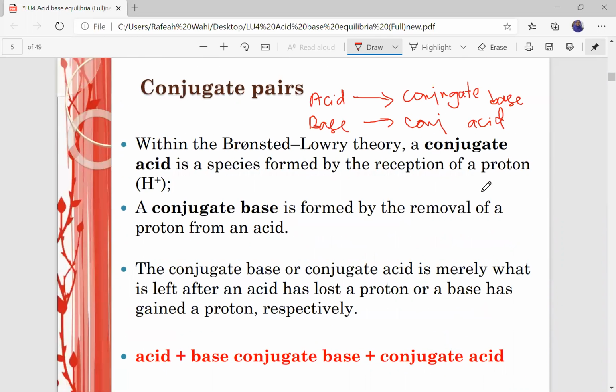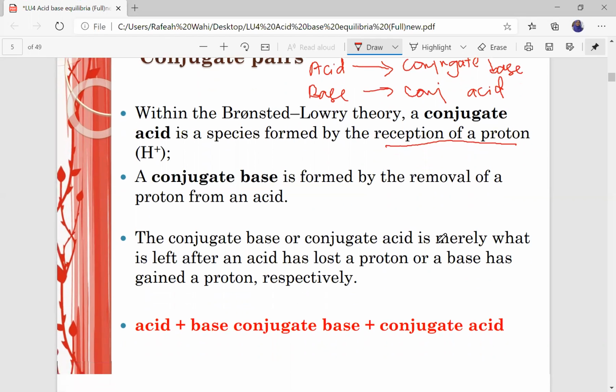So a conjugate base is formed by the removal of a proton from an acid, and a conjugate acid is formed by the donation of a proton by an acid to a base.